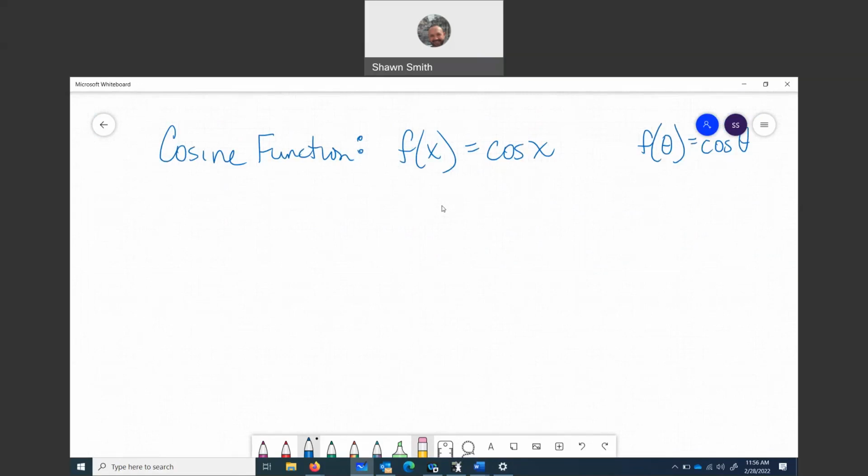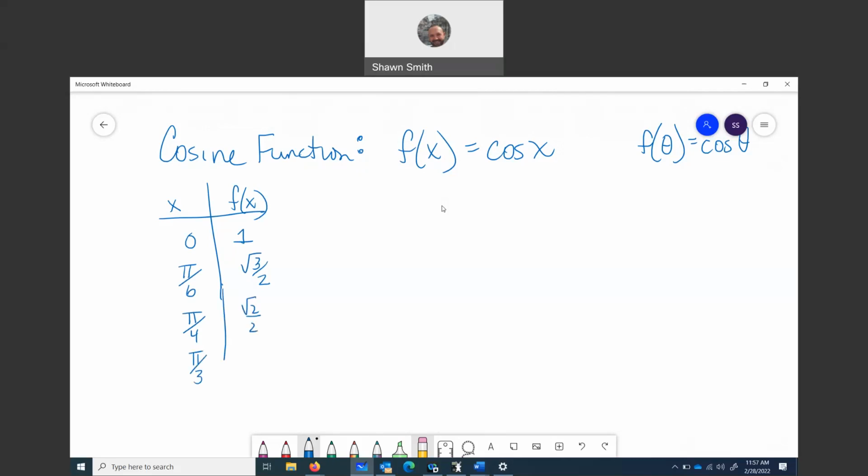Right, so I'm not going to list everything around the unit circle again. Let's just look at quadrant 1 in the quadrantals. So if I have x and f of x, start off with 0. And again, think about your unit circle if you need to relate to that. Your cosine value on the unit circle is your x coordinate. So the x coordinate at 0 is 1. Pi over 6 would be square root of 3 over 2. Pi over 4, square root of 2 over 2.